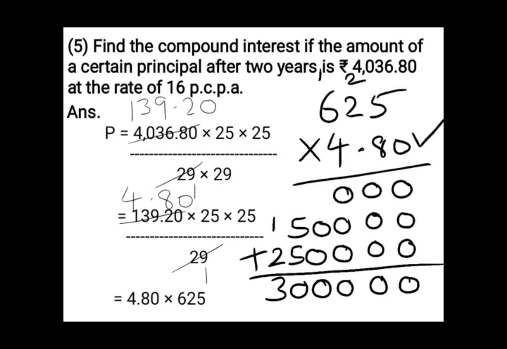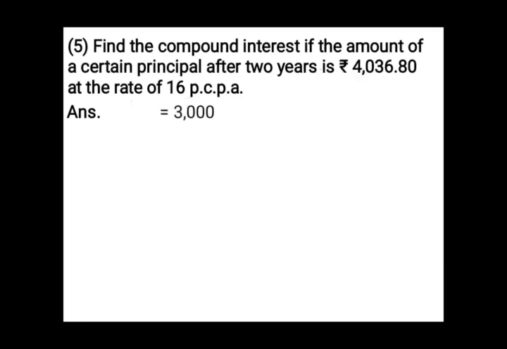After the decimal point there are two digits in the number 4.80. So you have to put the decimal point before two digits. After multiplying 4.80 into 625, the answer is 3000. Therefore principal is equal to rupees 3000.